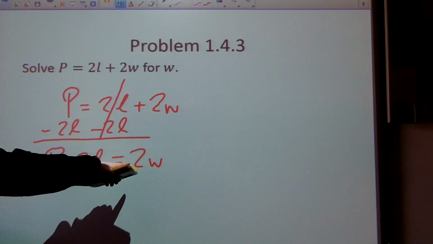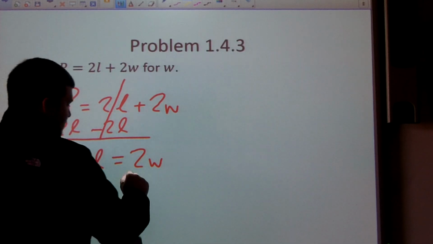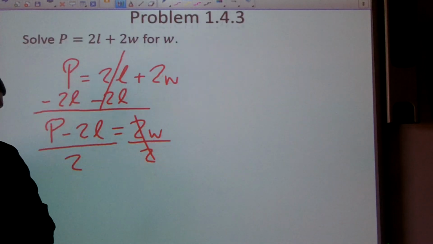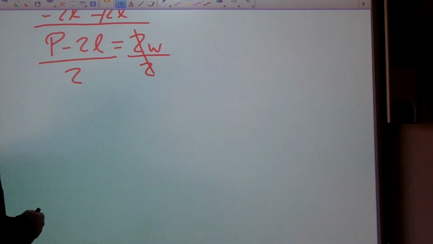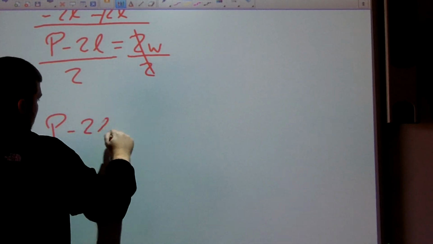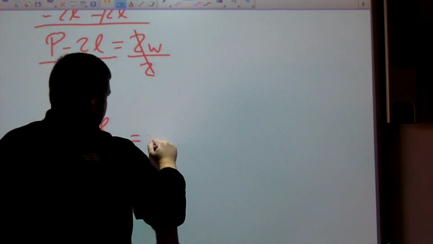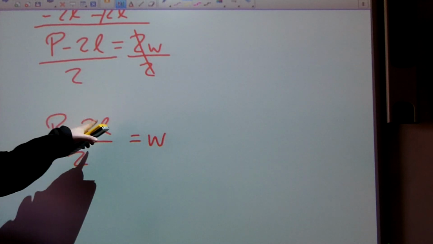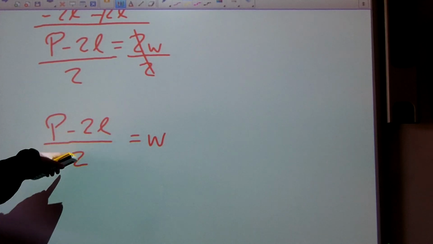All right, now I need to get W by itself, so I'm going to divide both sides by 2. All right, well, I have P minus 2L divided by 2 is equal to W. Again, this is okay, but we can also simplify. Both pieces are being divided by the same number, being divided by 2.